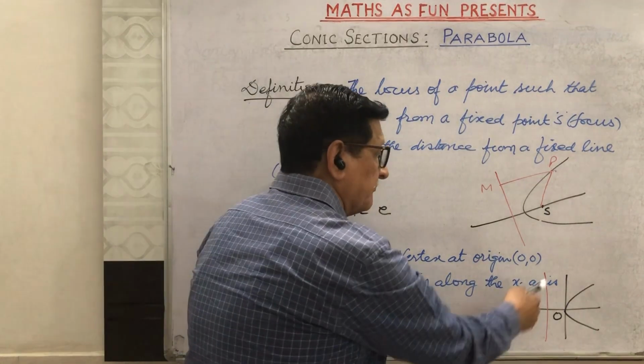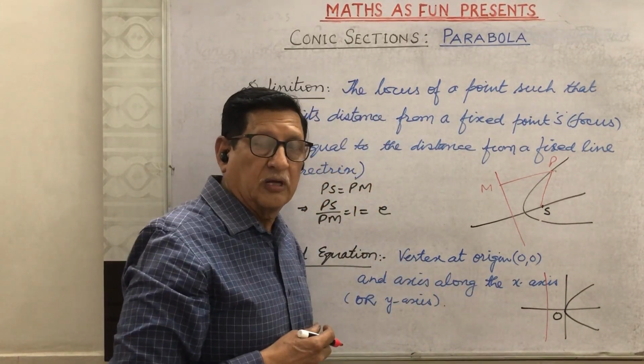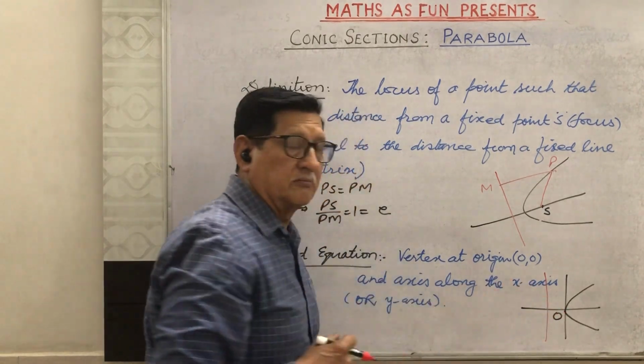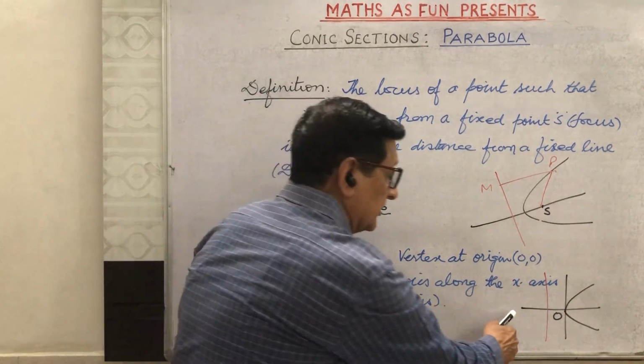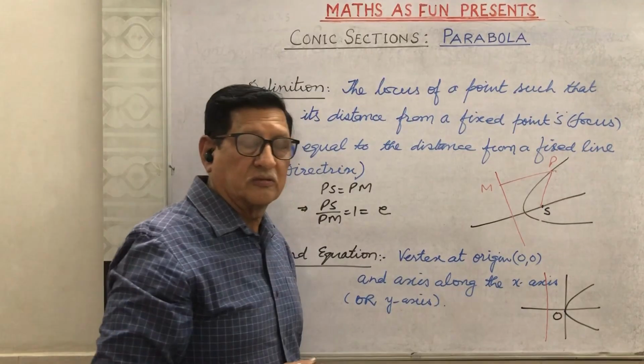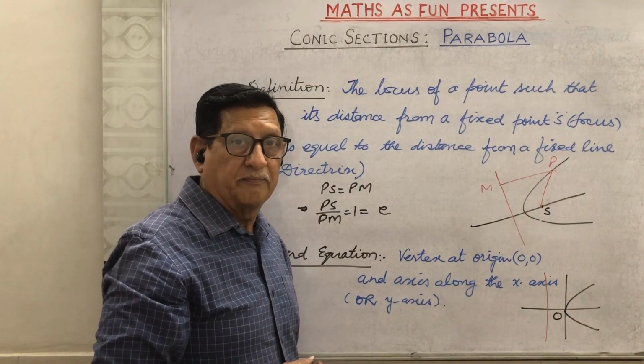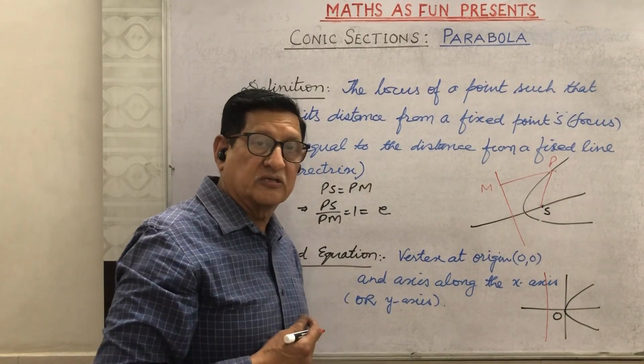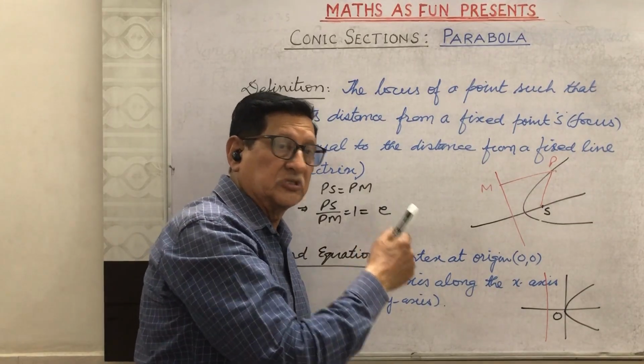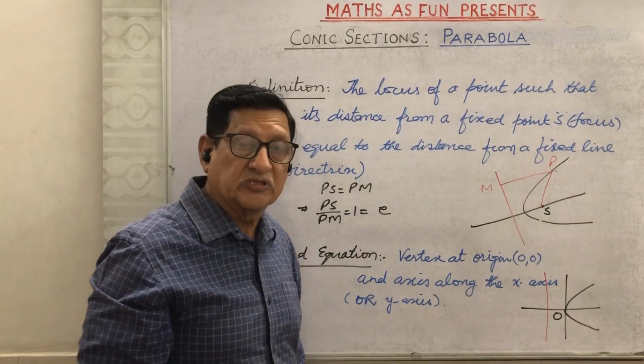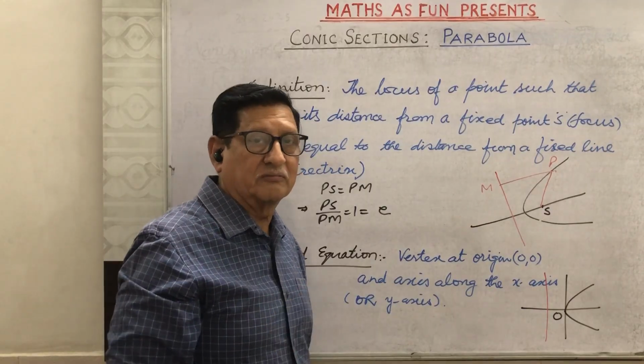So if the vertex of a parabola is at the origin and the axis is along the x-axis or y-axis, that is the standard parabola and its equation is known as the standard equation.